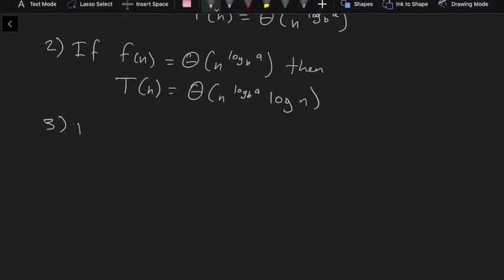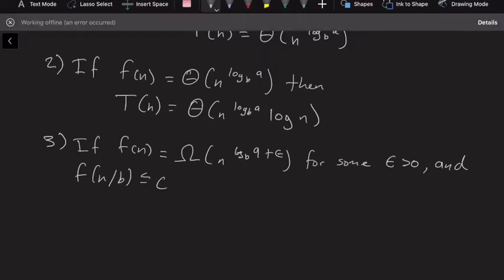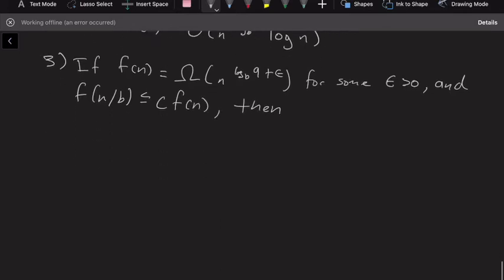And then the third case is if f of n is lower bounded, that is omega of n to the log base b of a plus some epsilon, for some epsilon greater than 0, and a times f of n divided by b is less than c times f of n, then T of n is equal to theta of f of n.